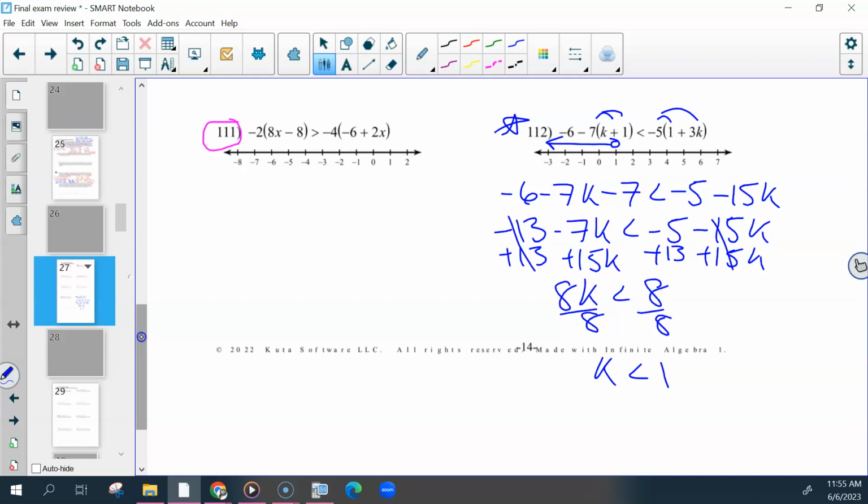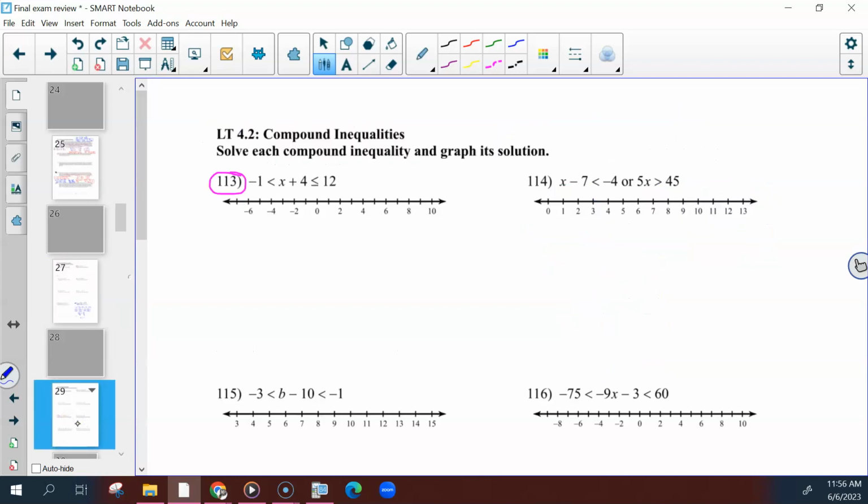Do you have any other questions for this page? Go on to the next page. So this should be familiar, as we were just doing compound inequalities, and absolute value inequalities, we did this again.